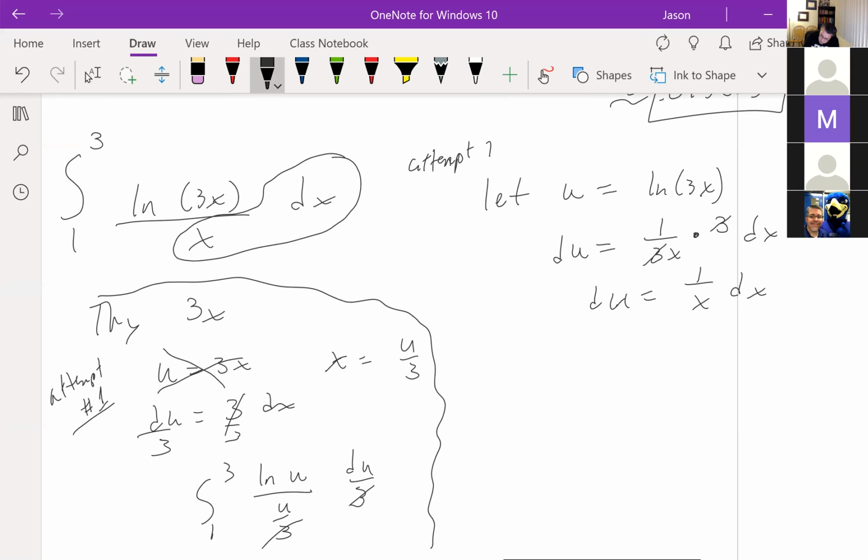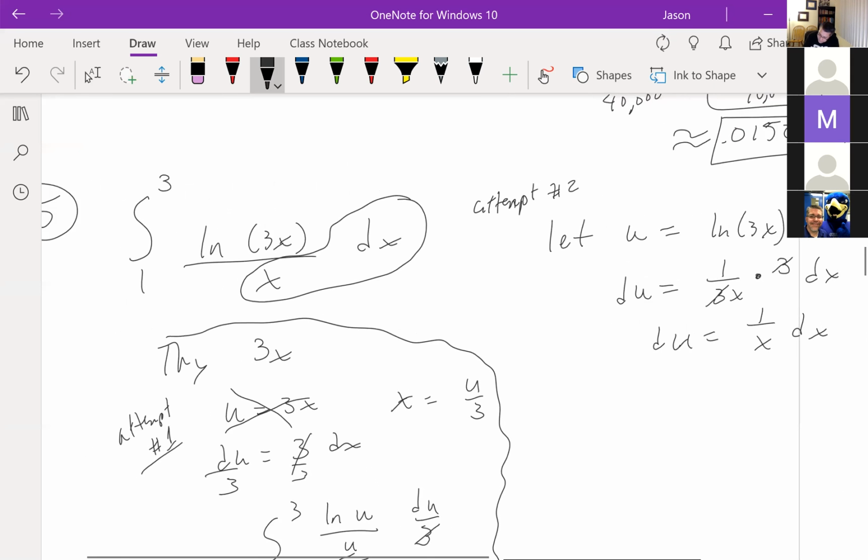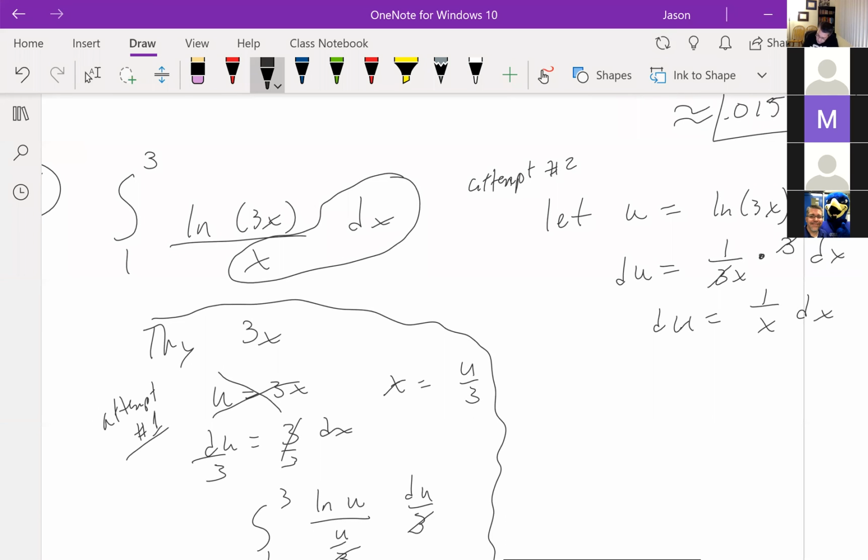Attempt number 2, and that did work. Okay, so let's see. We've got the integral from 1 to 3 of the natural log of u, well, du. Nope, it's not even natural log.